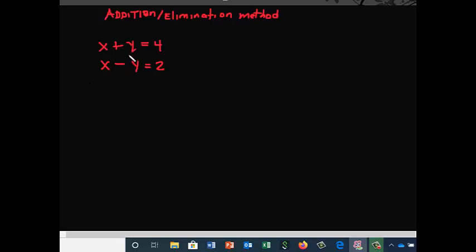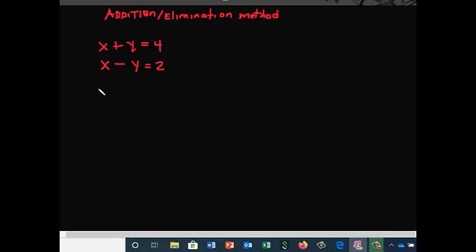For example, if I want to eliminate y, that'll be very easy because you have, this is understood to be 1y here, positive 1y, and negative 1y. So in this case, since its coefficients are the same but opposite of one another, we can easily eliminate y.